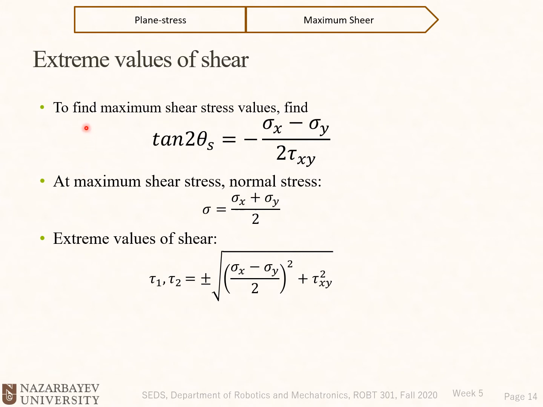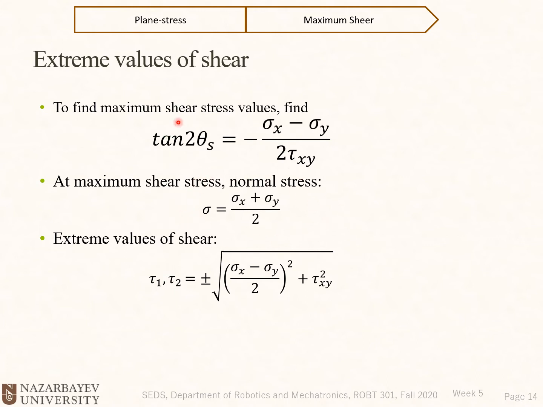To find the maximum shear stress values, we could find a new angle, theta s. The tangent of 2 theta s is equal to minus sigma x minus sigma y divided by 2 tau xy. At the maximum shear stress, the normal stress will be sigma x plus sigma y divided by 2. Okay, these are not, again, rocket science.